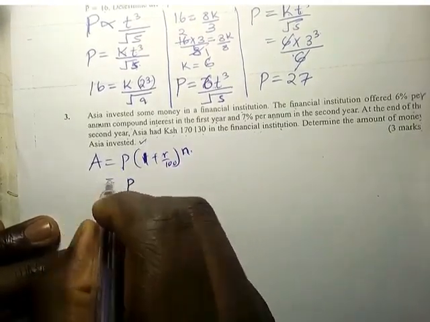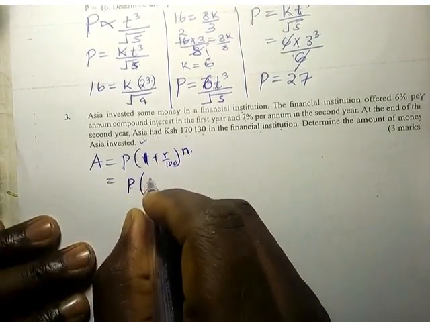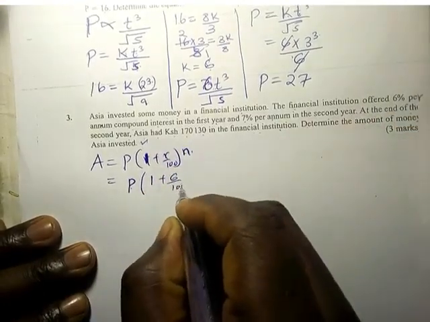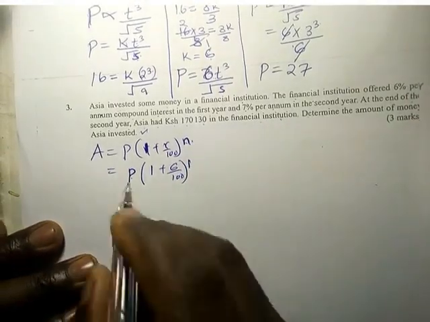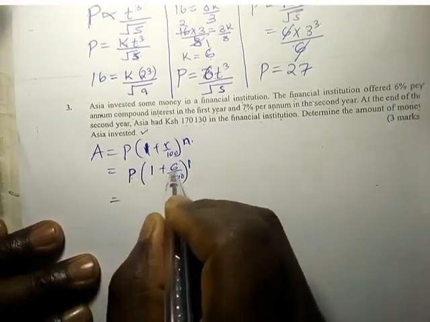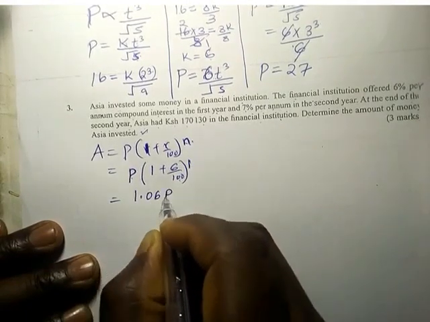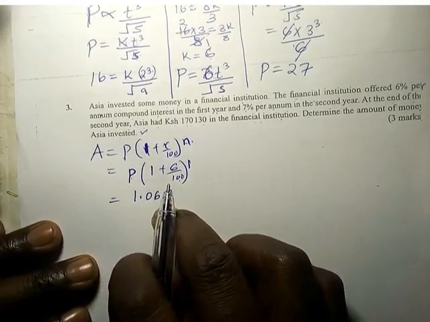We don't know the principal. For the first year, we have 1 plus 6 over 100 times 1, because for the first year n is 1. So this is 1.06p, the amount for the first year.